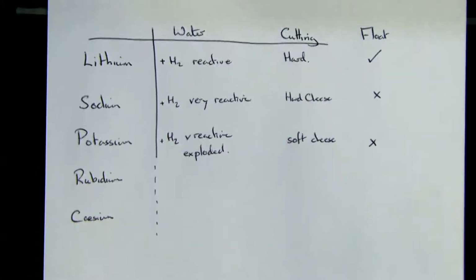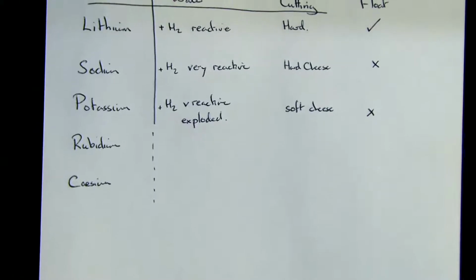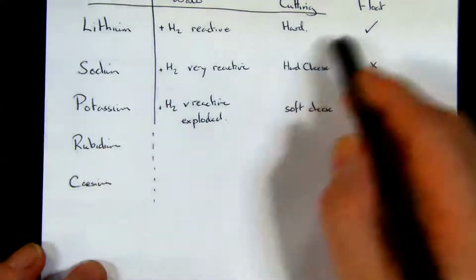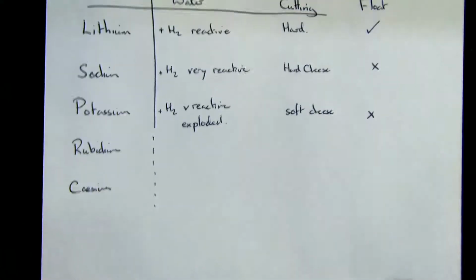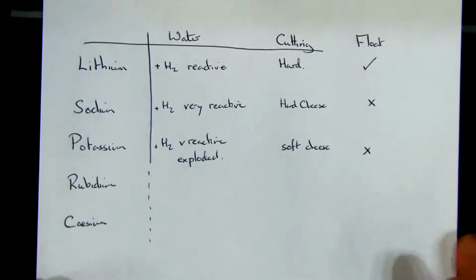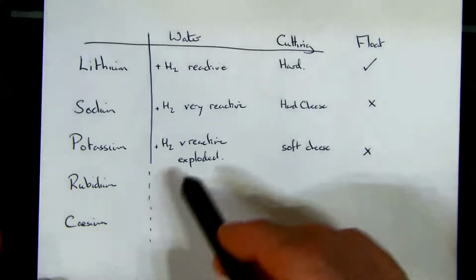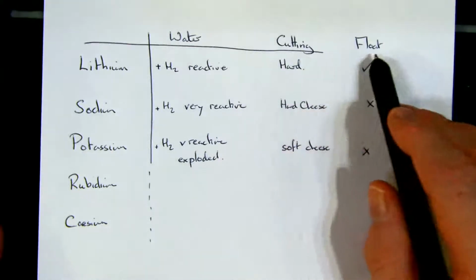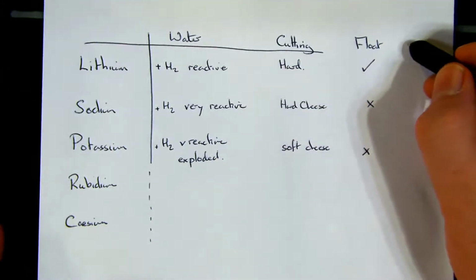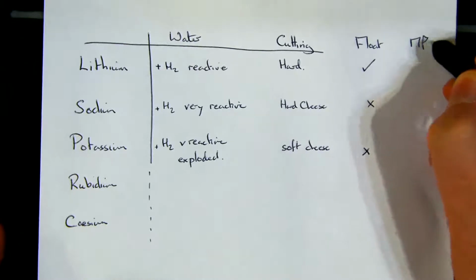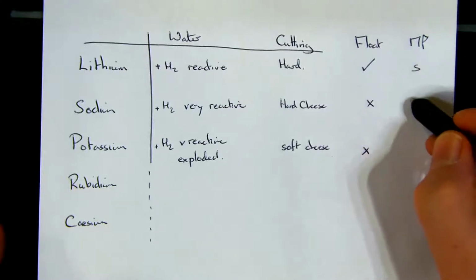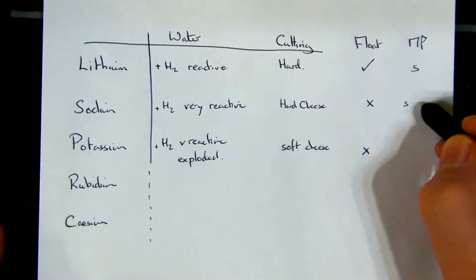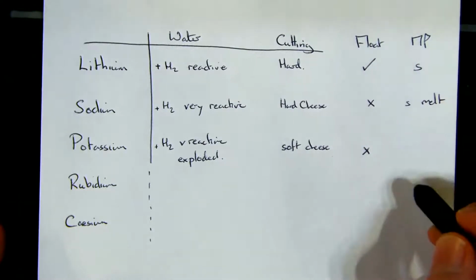So taking what we know about these, can we guess about rubidium and cesium? Well, yep, we can try some of those. We can see, in fact, that if I look at their melting point, lithium was a solid. Sodium was a solid, but it did actually melt.